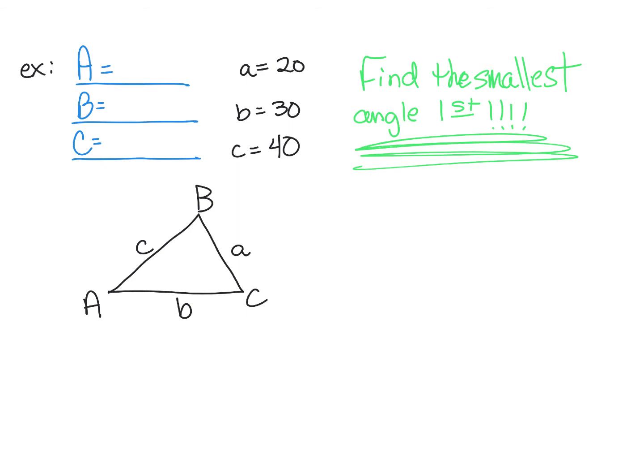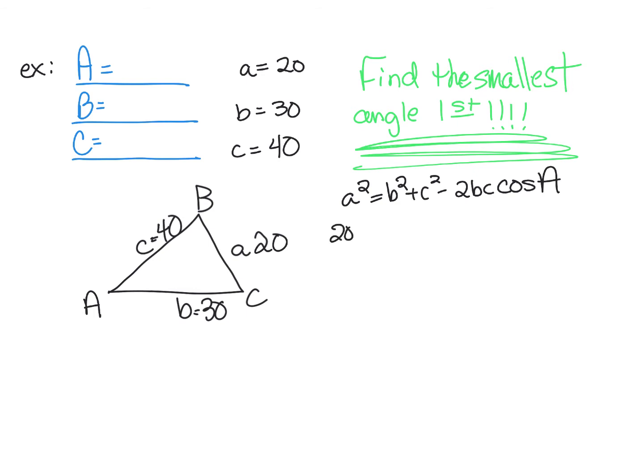All right, if A is 20, B is 30, and C is 40, I want to find the smallest angle first, so I'm going to use side A, and I'll solve for angle A. Because I'm focused on A, I've got A squared equals B squared plus C squared minus 2BC cosine of angle A, and I'll solve for that at the end.